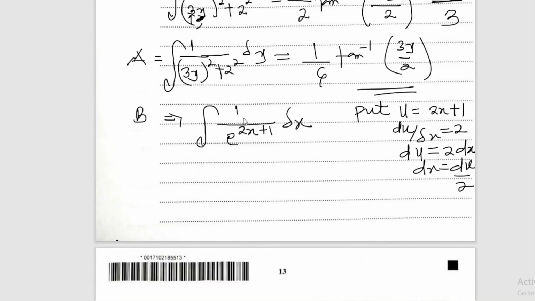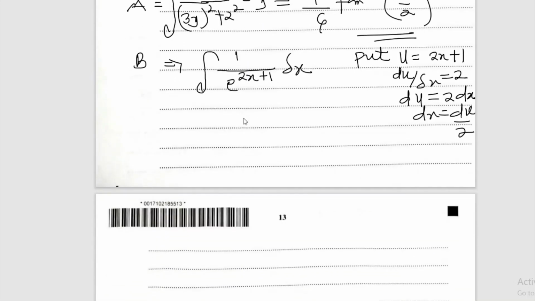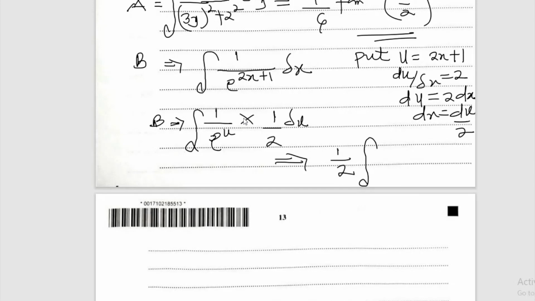That's dx. So we substitute it back into the equation. So B will be the integral of 1 over e raised to the power u multiplied by dx, and our dx is 1 over 2 du. Bring the constant half outside, we are left with 1 over e raised to the power u, which is e raised to minus u du.